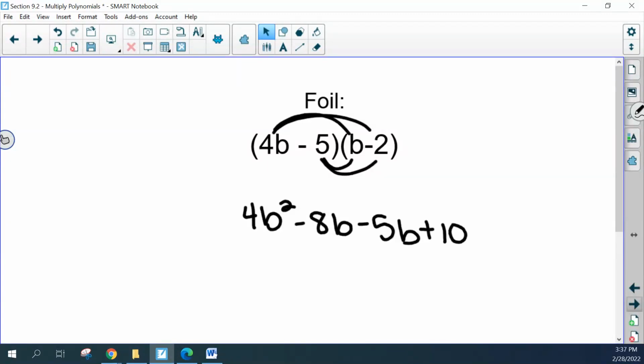So make sure right there you notice that that's negative 5 times a negative 2, which would give you a positive 10.